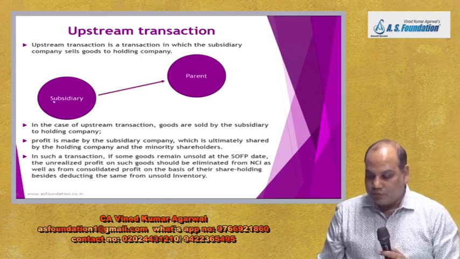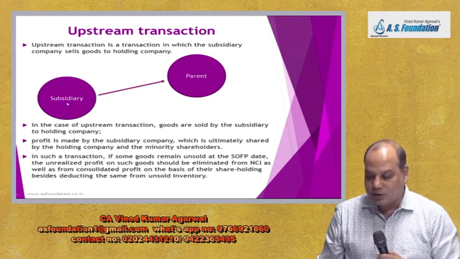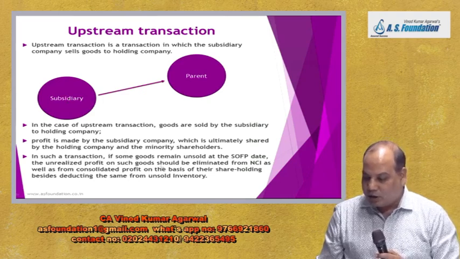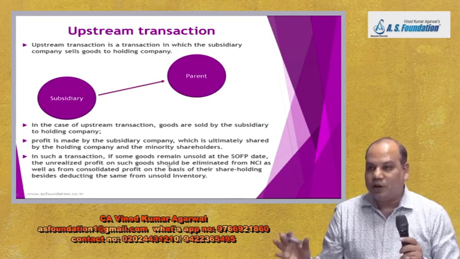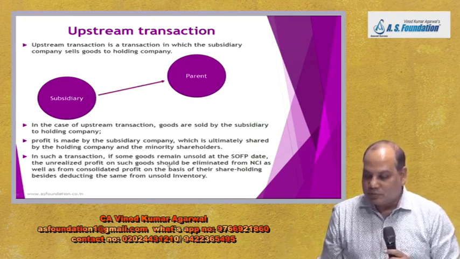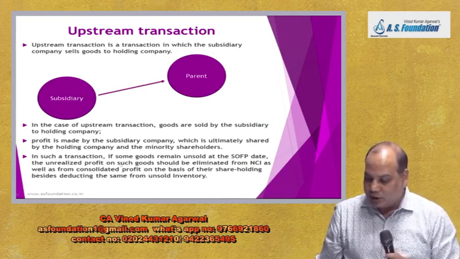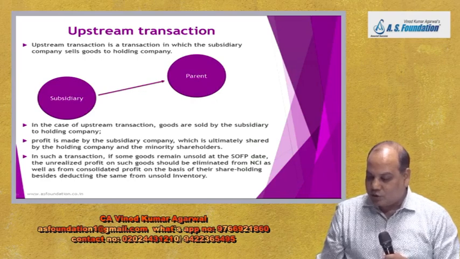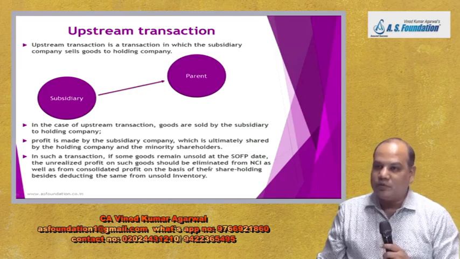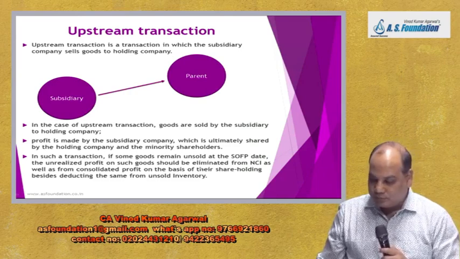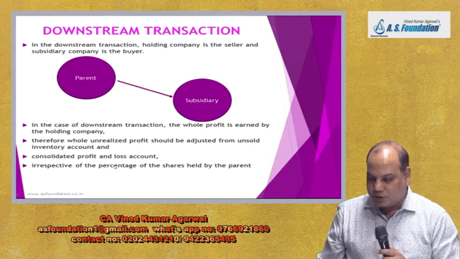So therefore, if I have to eliminate the profit which is earned by subsidiary, I will eliminate it from those who have benefited from that profit. So parent share will be eliminated from consolidated profit and NCI share will be eliminated from NCI total. Okay, that is for upstream.